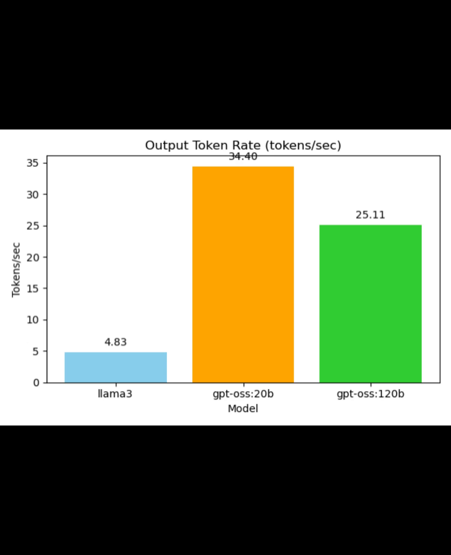The difference, however, that's most striking is the fact that the 70 billion parameter model is woefully slower than both of them. So as you can see, the GPT-oss 20B is 7 times faster than Llama 3. Even the largest GPT-oss model that we could fit on this device leaves Llama 3 far behind.